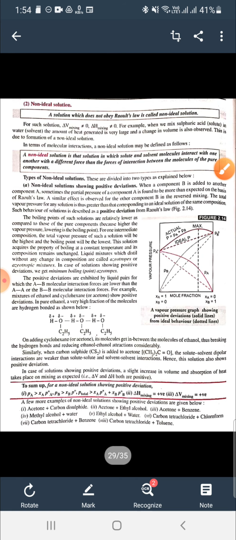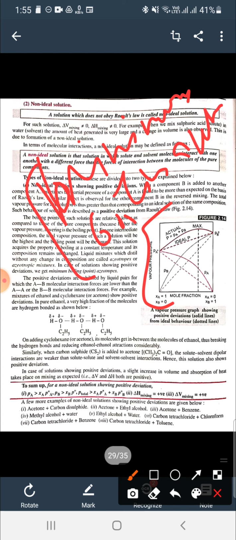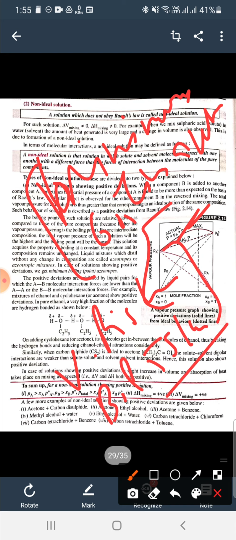In the case of positive deviations, these azeotropes are called minimum boiling azeotropes, because in positive deviation the vapor pressure is high and the boiling point is low.